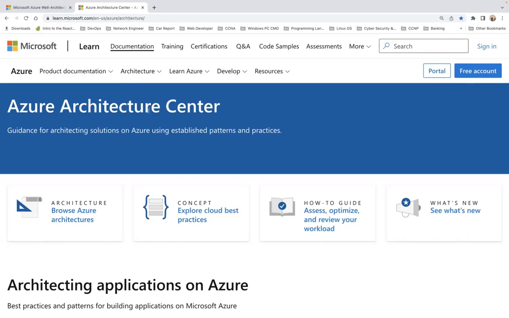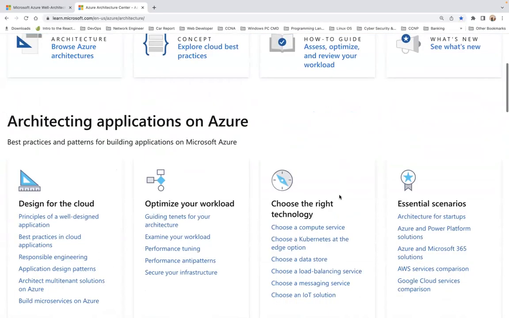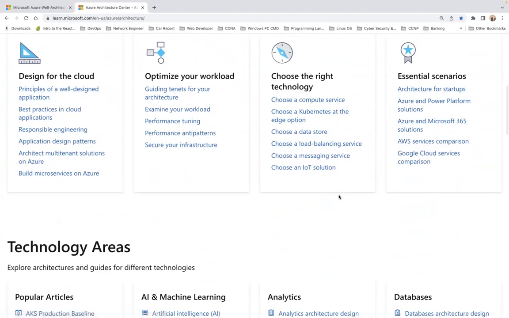So Azure Architecture Center: guidance for architecting solutions on Azure using established patterns and practices. You can browse Azure architecture concepts, explore cloud best practices, and assess, optimize, and review your workload. So these are tools that Azure put in place to design the cloud, optimize your workload, and choose the right technology.